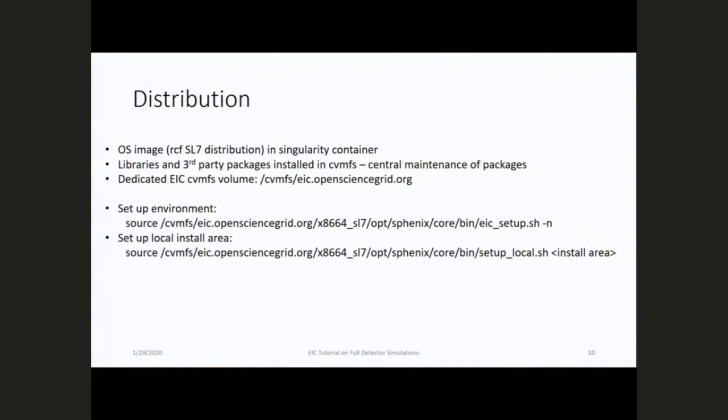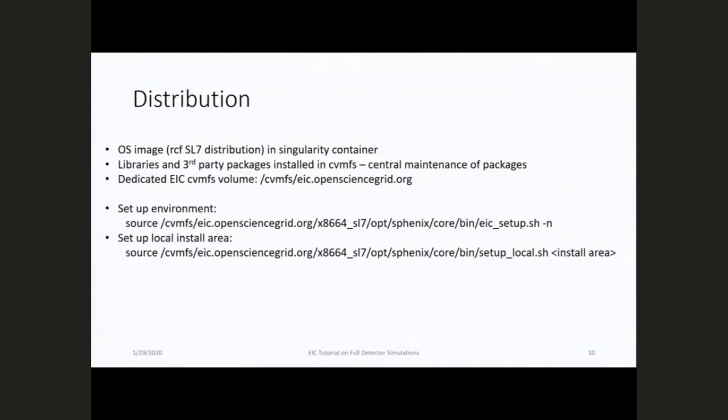So you don't have to worry about how to use CMake for a package that doesn't really work correctly. We have a dedicated EIC CVMFS volume as of the day before yesterday. So there is something you can all get to. The open science scripts are readable without any keys. You need 2 shell scripts to set up the environment.